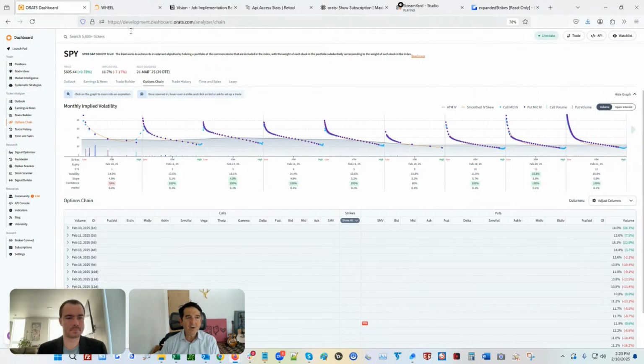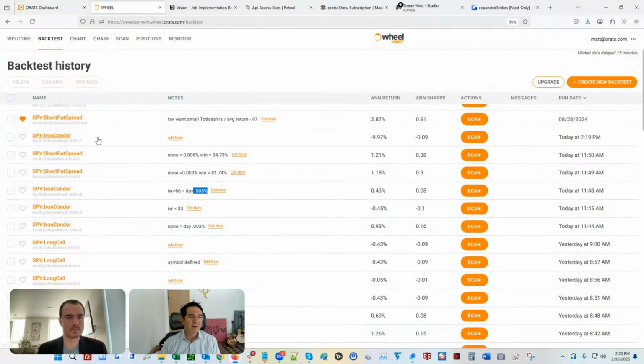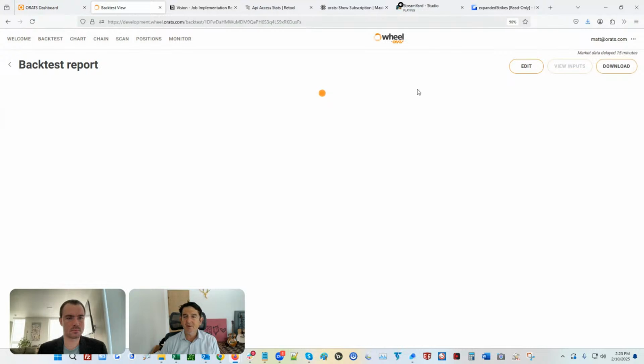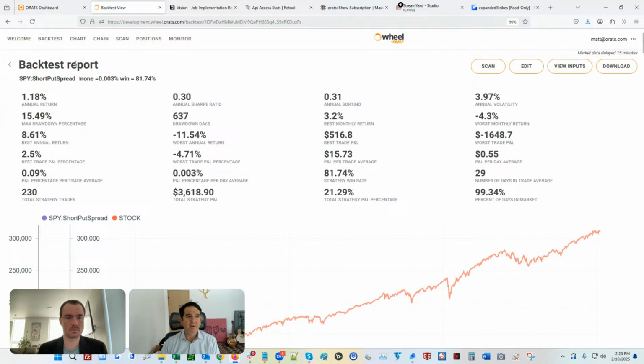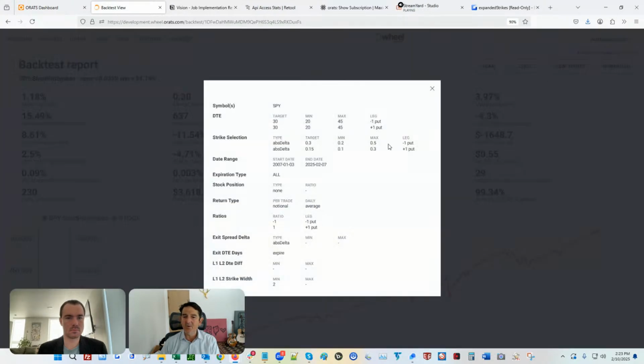Yeah. All right. So I just did our standard put spread. And if you go to the legacy and you go do it, it's just the 30 delta, the 15 delta. So we're buying that farther out one, right? We're buying that long put, and we're selling the put around 30 delta, 30 days out.